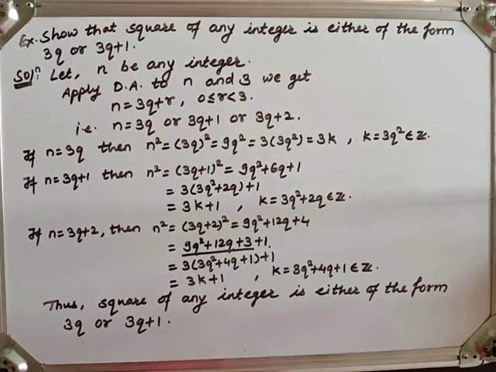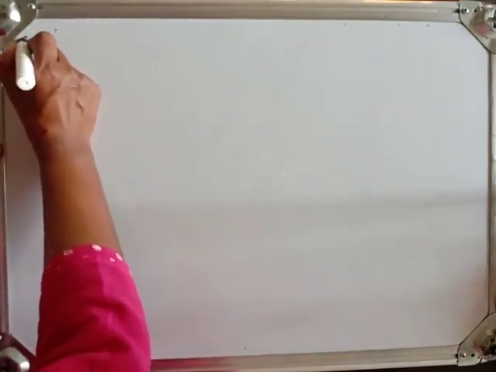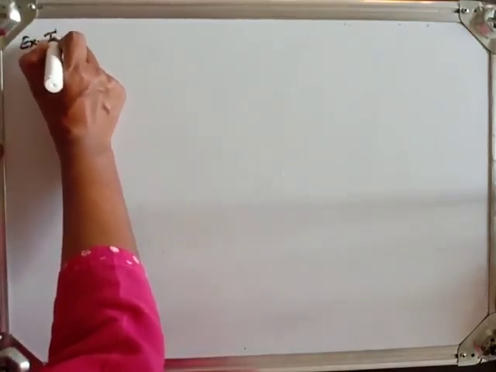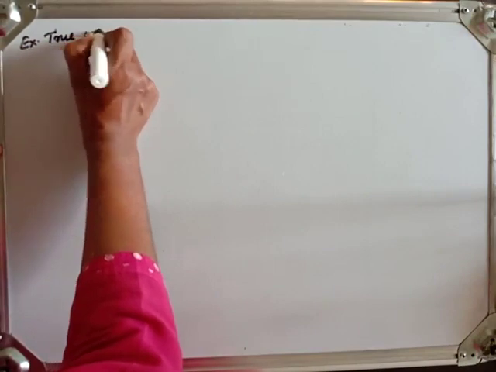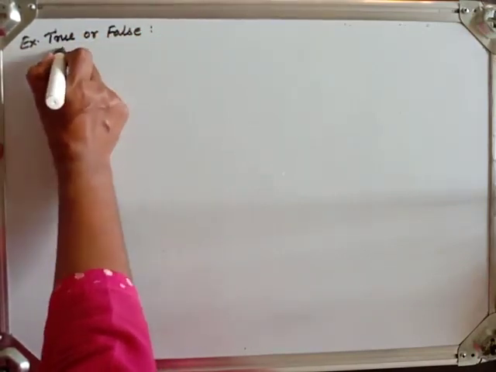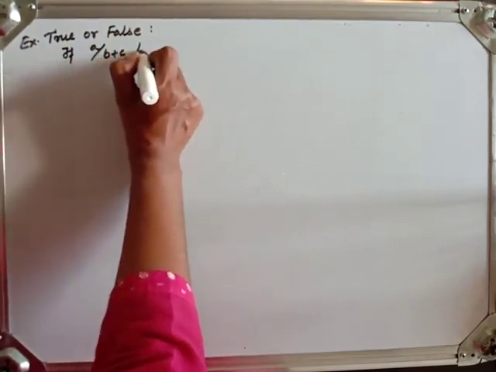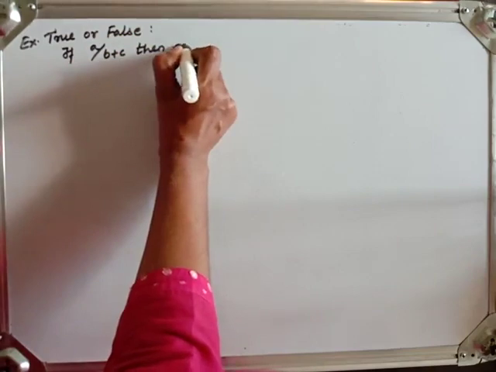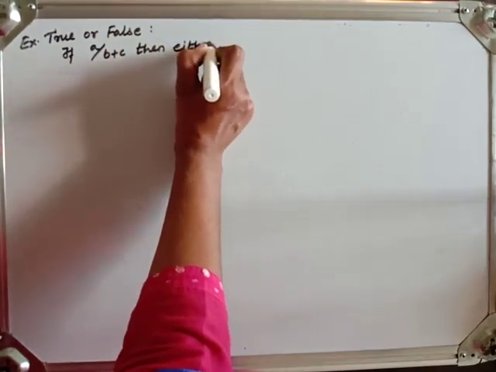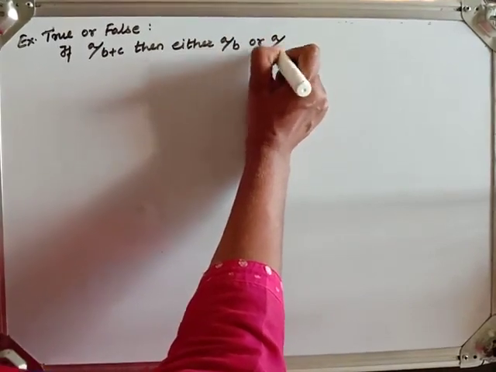Now the next example is: true or false. State with justification. If a divides b plus c, then either a divides b or a divides c.